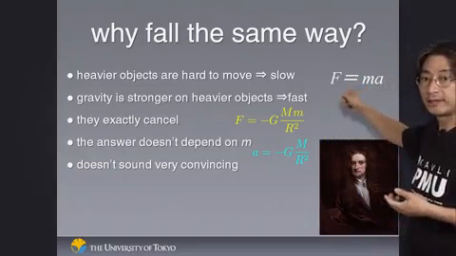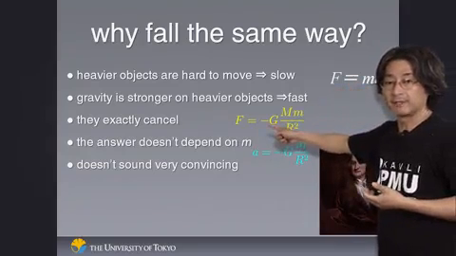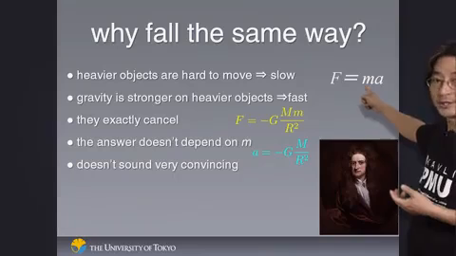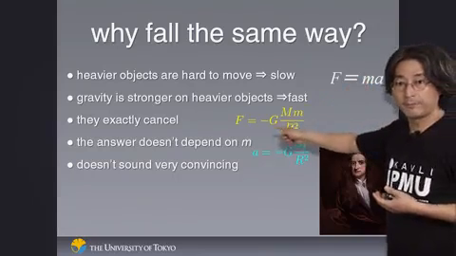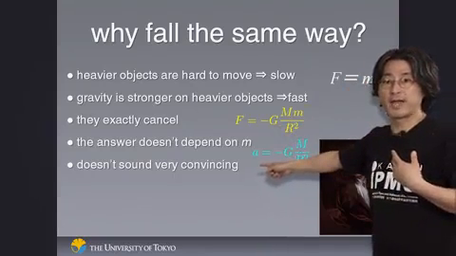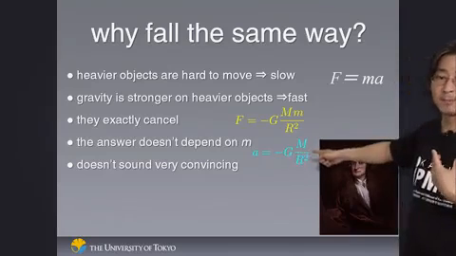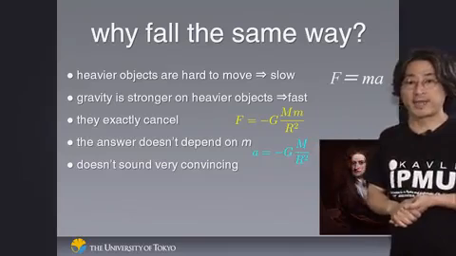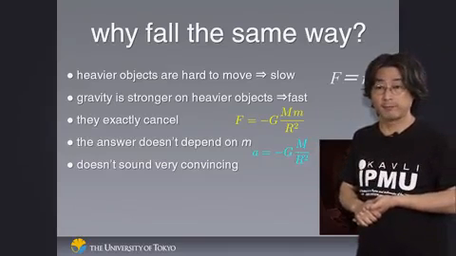You just set this F and that F the same. Little m appears in both equations the same way. You can cross them out and find that the force acting on the object would cause an acceleration which doesn't depend on the mass of the object. So that's the way different objects end up moving exactly the same way.